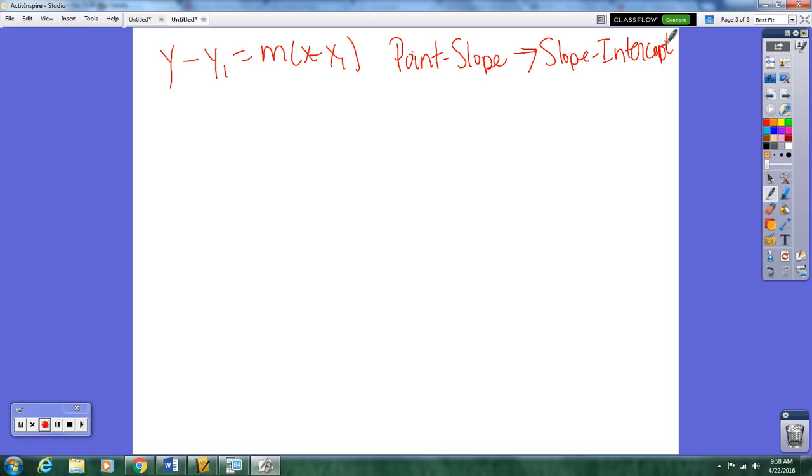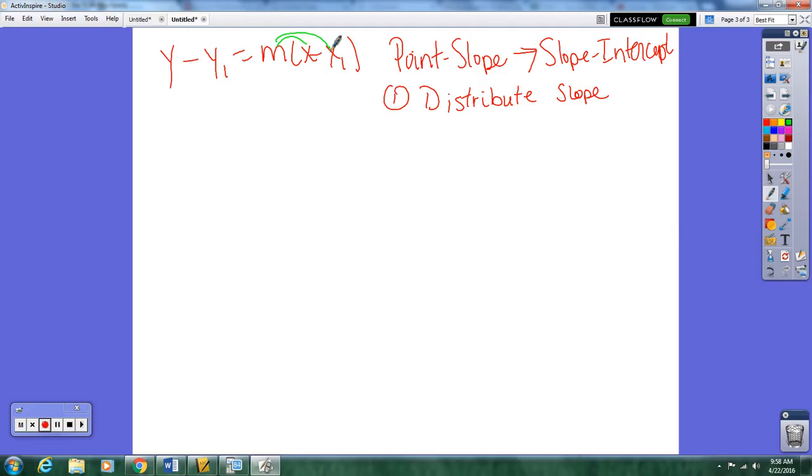Order of operations, what's the first step? Parentheses. Parentheses is first. So we've got to distribute that slope. You've got to multiply that slope times those two things. That's the first step. Now once we distribute that slope, our parentheses are going away.